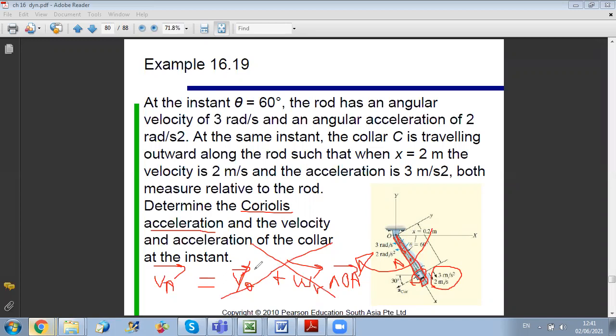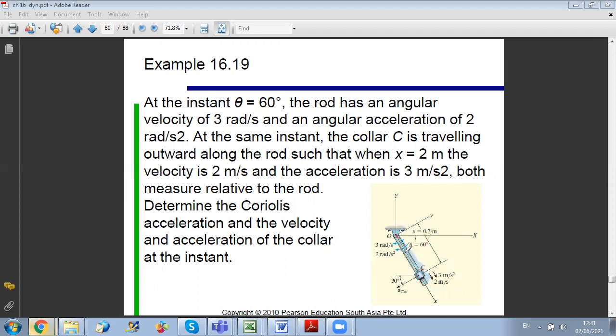Or also we can derive it from rotating axis by just setting that the relative velocity of A with respect to O in the rotating frame is 0. Because if you take a frame with O as its center rotating with the rod, and you look at A, a point on the rod, A is not moving with respect to you. So V relative will be 0.